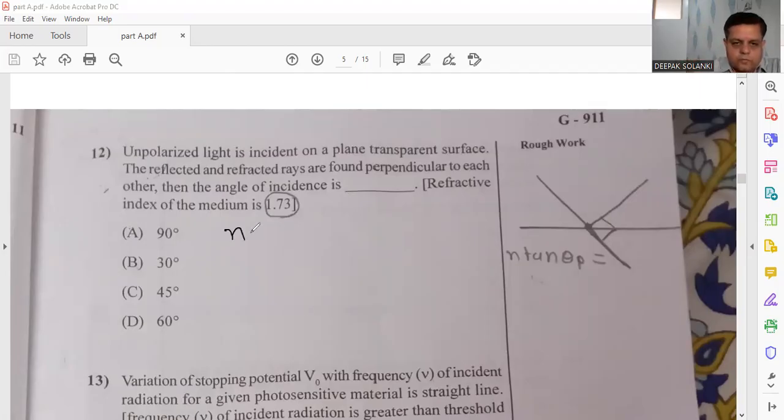So here you can go for Brewster's law, n is equal to tan theta p. Your n is given 1.73. 1.73 is root 3. So theta p should be 60, since tan 60 is root 3.